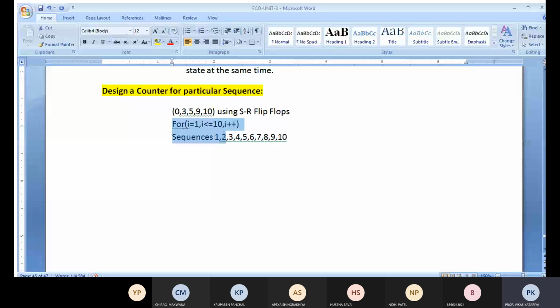Take one example. We want to design a counter which generates 0, 3, 5, 9, 10. And I want to use the SR flip-flop.